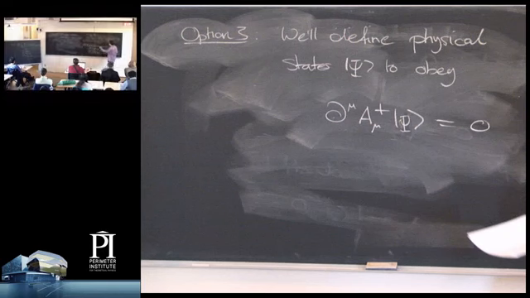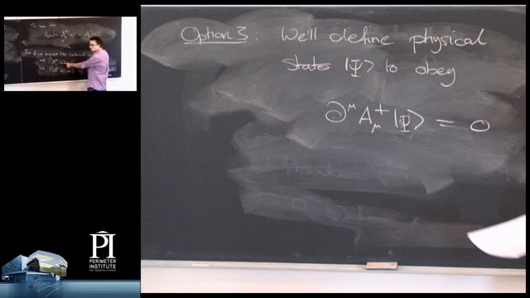Okay, so the Lorentz condition had two pieces. It was this piece with the A minus, which meant the vacuum didn't survive the option 2 condition. So now we just impose this first bit.